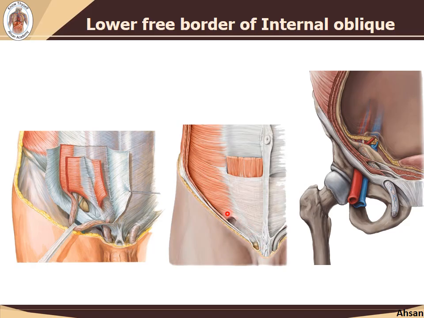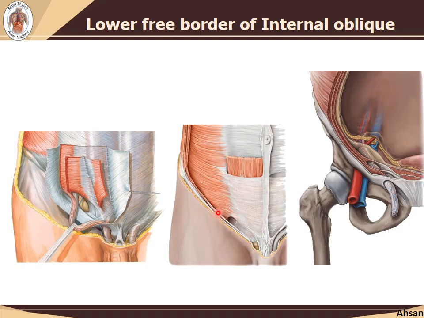These free fibers arch over this canal, this groove, forming the roof, and going medially, fuse with the muscle deep to it and make one thick tendon. This is the conjoint tendon.